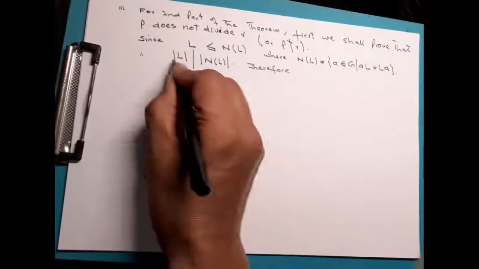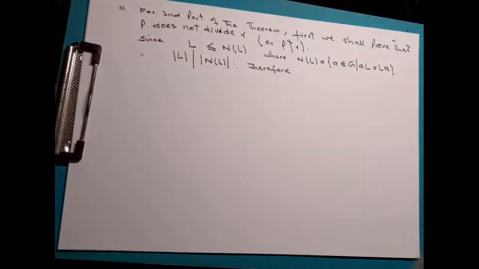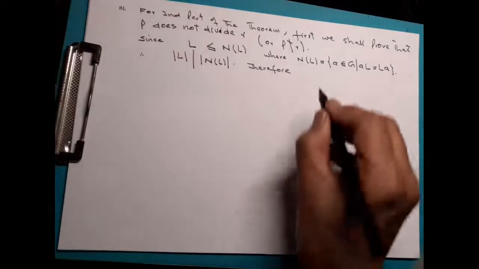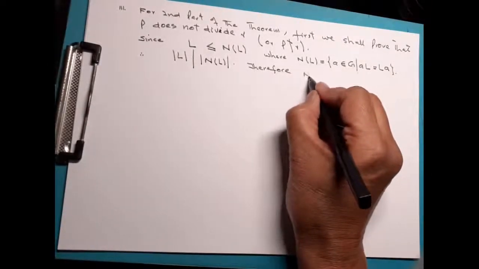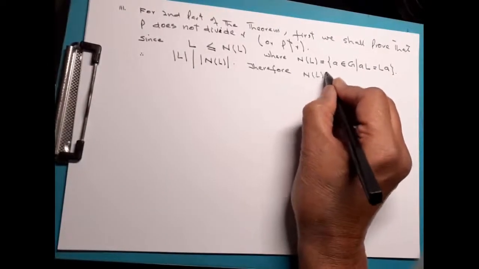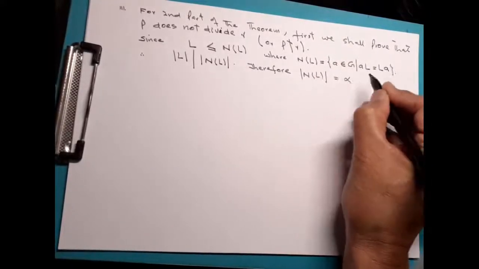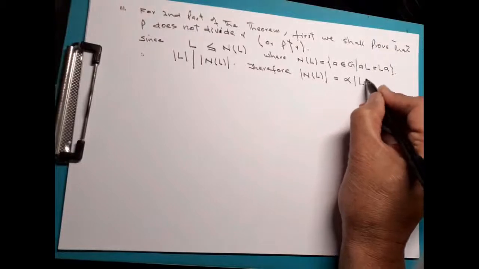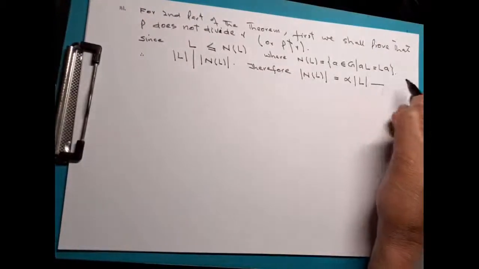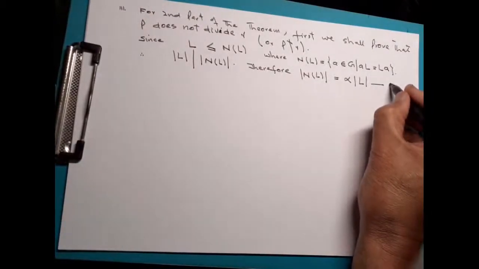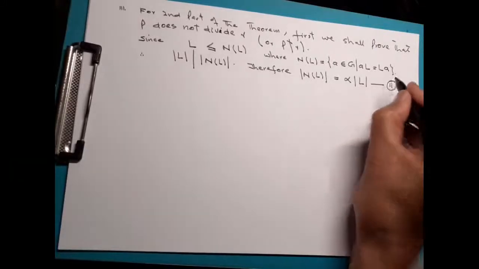Since the order of L divides the order of NL, the order of NL can be written as alpha times the order of L. This is a very simple thing from primary school knowledge.